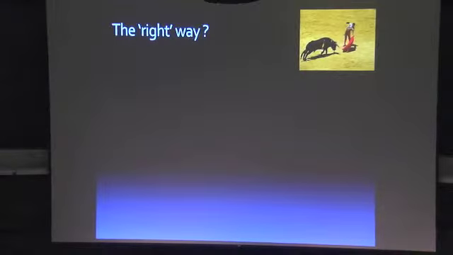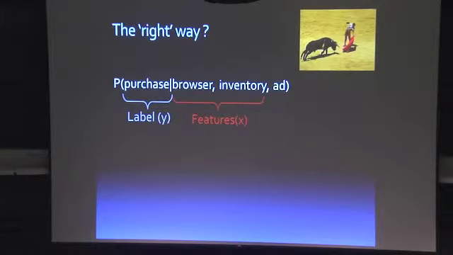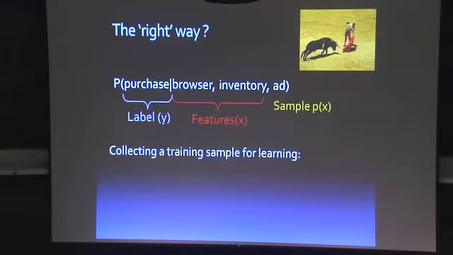So what do I mean by right? Well, if you really believe that this is my problem, I want to predict the probability of somebody buying the product, given what I know about the browser and the inventory and the ad, well, this is just the label, right? This is the dependent variable here. Now, these things will become features, and the fact that I've shown you an ad is kind of a conditioning on the sample.